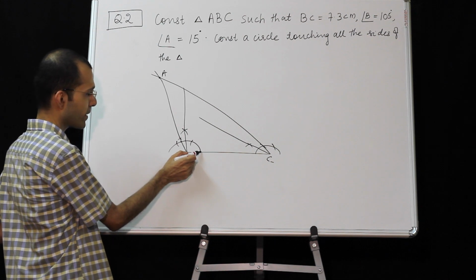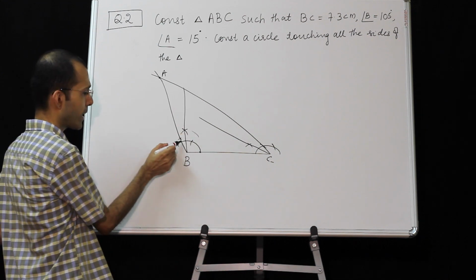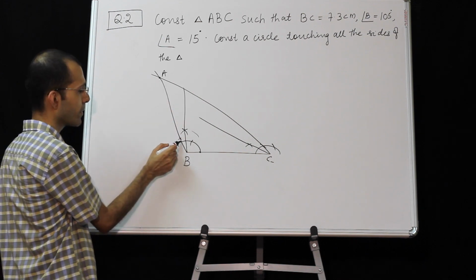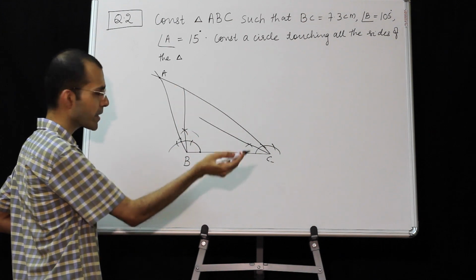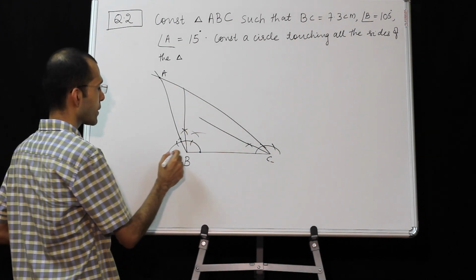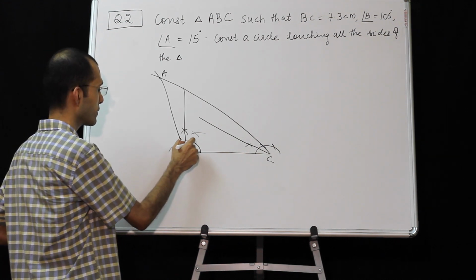With this as the center, radius more than half, draw the arc. And with this as the center, this is a line for 105 degrees. With this as the center and the same previous radius, cut the arc. So now we are going to bisect the 105 degree angle.